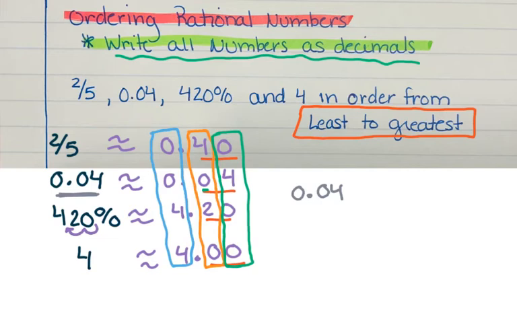Now, once I've done that, I'm going to cross that off because I've used that one. So now I'm going to compare another one. So I'm looking for my next smallest number. Well, again, I'm coming up to this 0 here in the 1, so that's 2/5. I got to go back to the original. I've used that, so I'm going to cross it off.